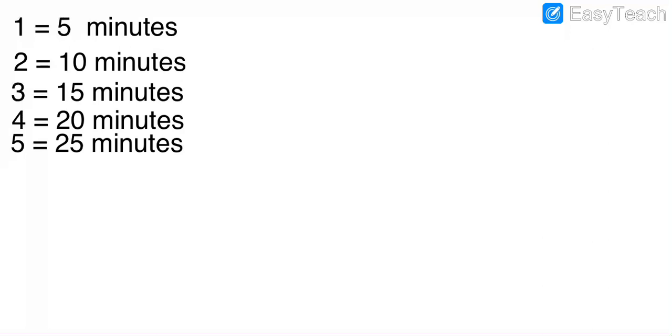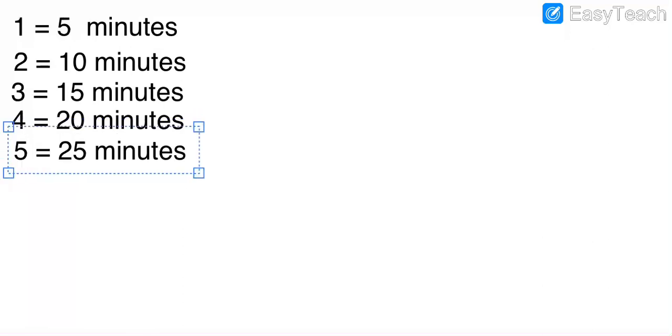It shows 25 minutes. Got my points, my dear students? So see here, 1 is equal to 5 minutes, 2 is equal to 10 minutes, 3 is equal to 15 minutes. Like that, my dear students.